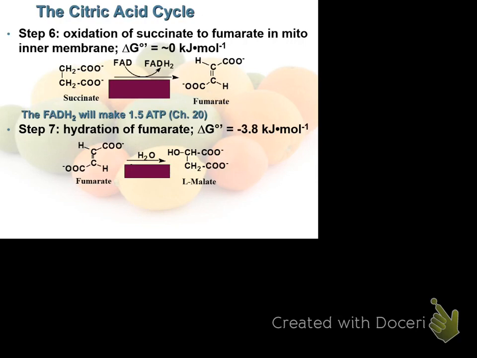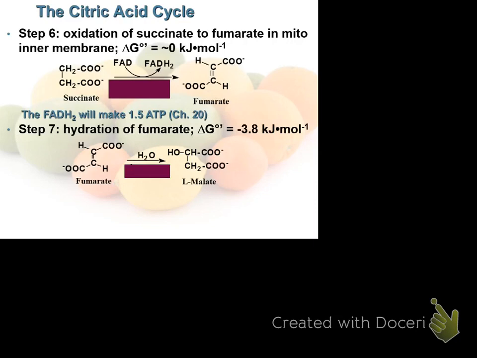Okay, but yeah, for the citric acid cycle portion of it, it oxidizes succinate to make fumarate, and this happens in the inner membrane. And if you notice, it's essentially at equilibrium. The delta G is equal to 0. Okay, but it generates an FADH2 from FAD to FADH2. So what class or classes of enzymes could this be?